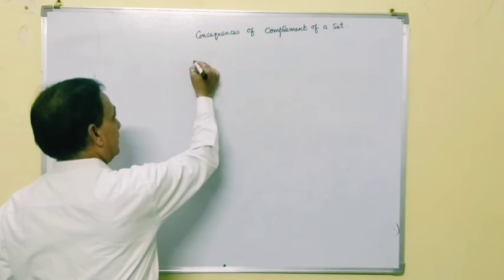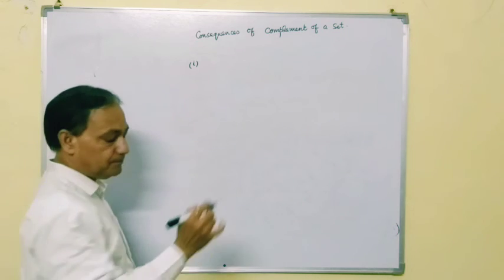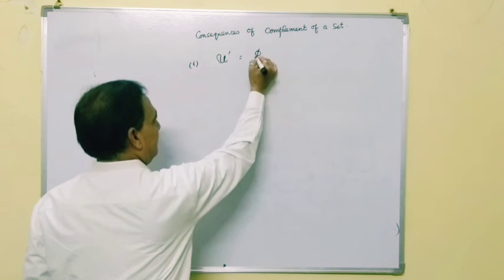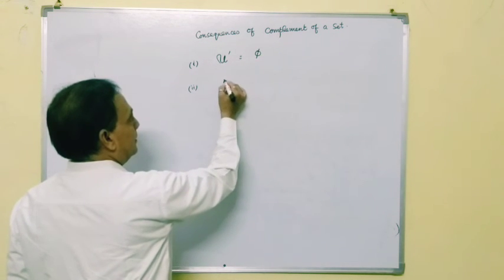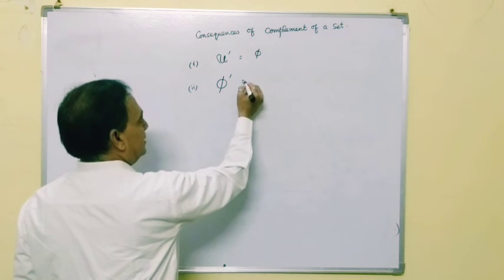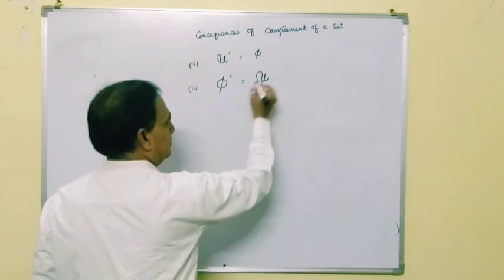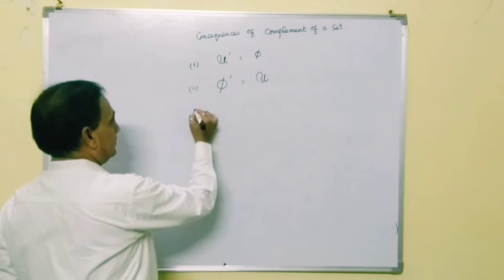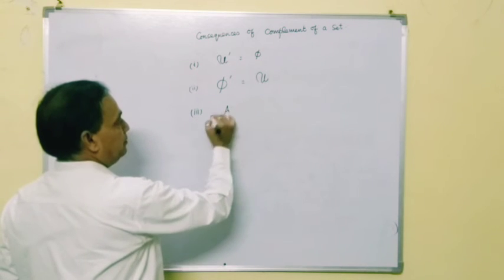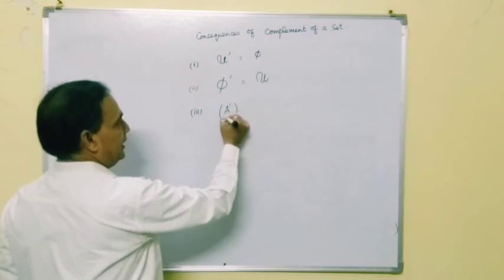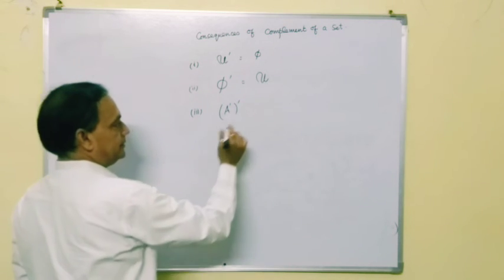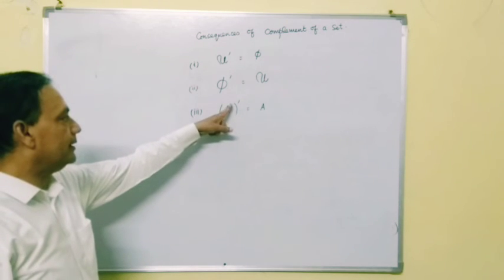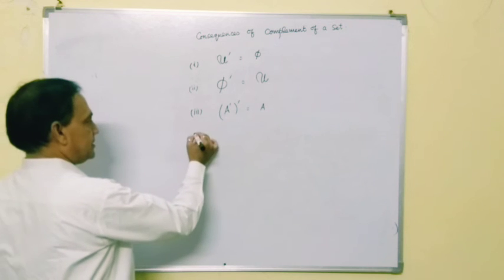Number one is U dash, complement of universal set, is the null set. Number 2, complement of null set, this is U. Number 3, complement of A complement, A dash dash, is A.